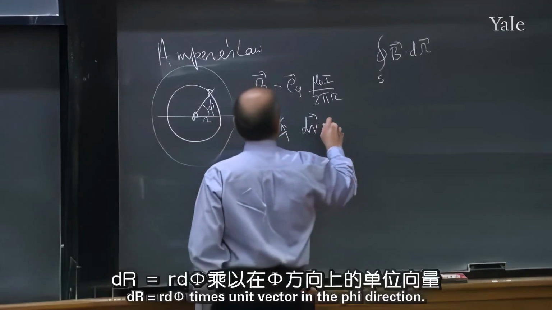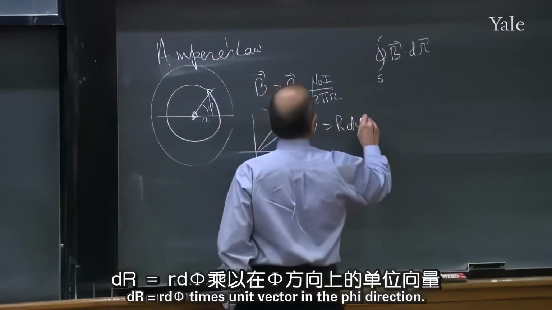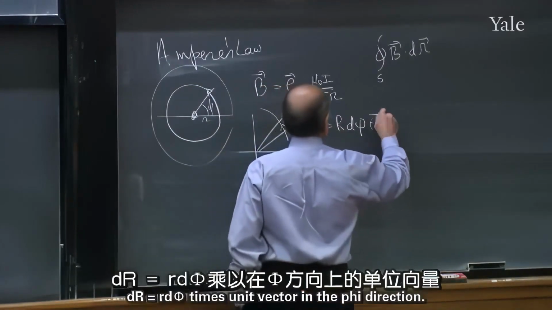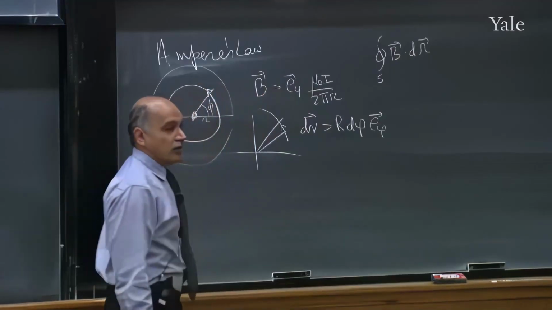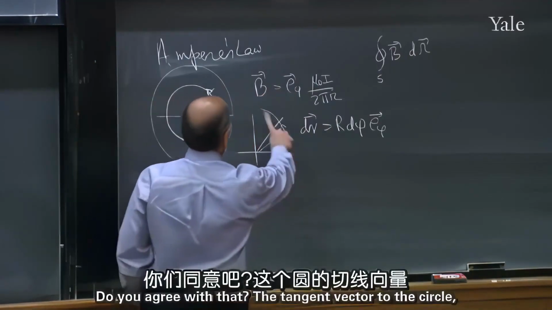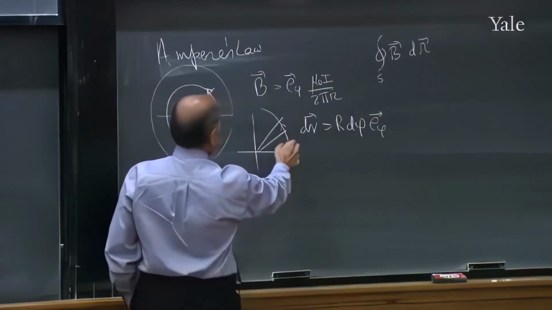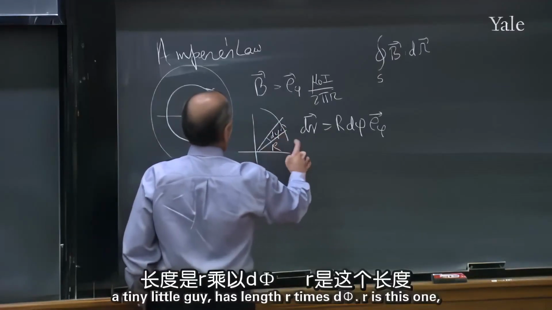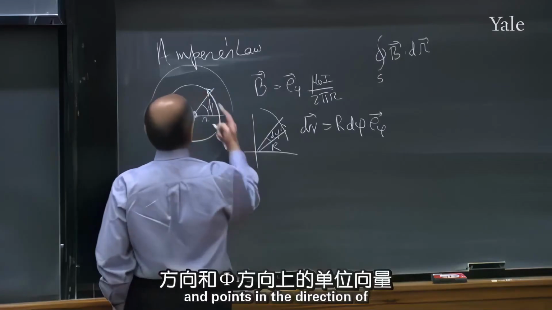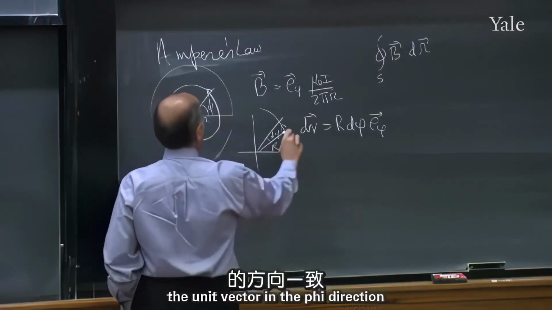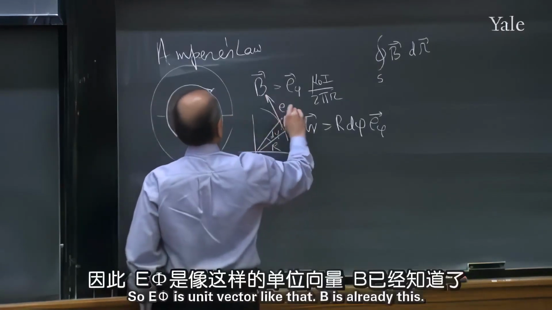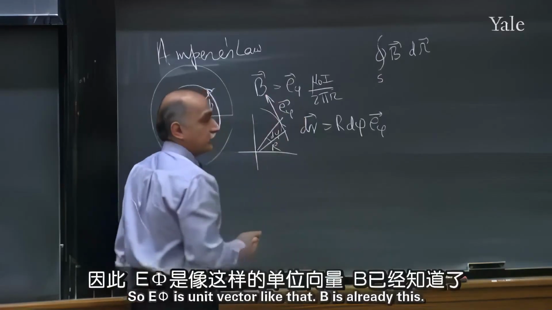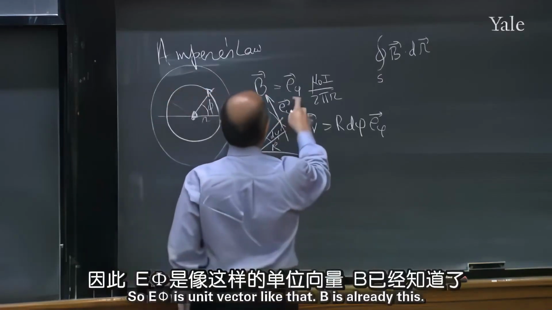dr is equal to r d phi times unit vector in the phi direction. Do you agree with that? The tangent vector of the circle, a tiny little guy, has length r times d phi. R is this one, and points in the direction of the unit vector in the phi direction. So e phi is unit vector like that. B is already this.